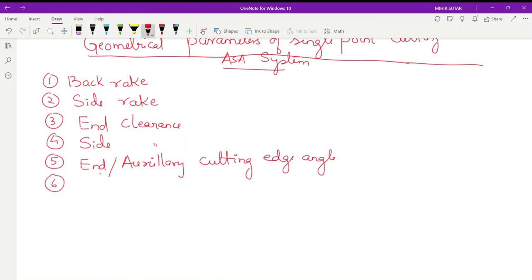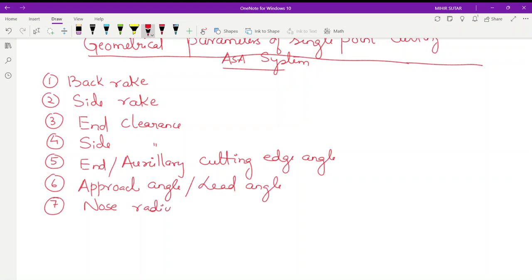Then sixth one is the approach angle, or lead angle. So these are the six angles, and seventh one is the nose radius.